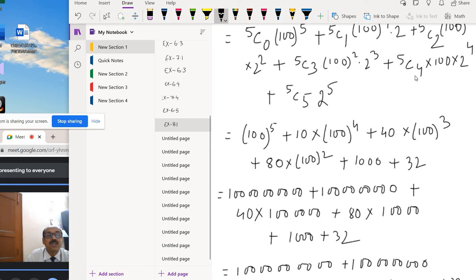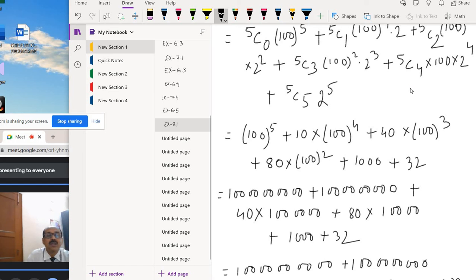2 to the power 4 is 16, no? 5C4 is 10. And what is 5C4?